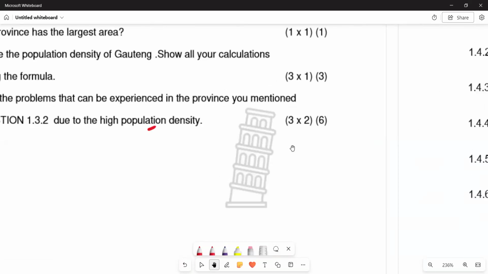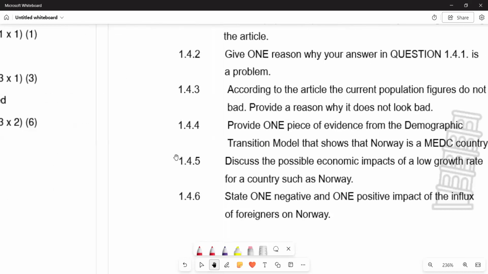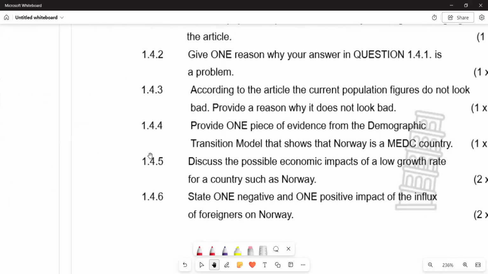If you go to 1.4.4, it reads, provide one piece of evidence from the demographic transition model that shows that Norway is an MEDC country. And we know that MEDC stands for more economically developed country. So the question is asking us to provide one piece of evidence from the demographic transition model that shows that it's a more economically developed country.